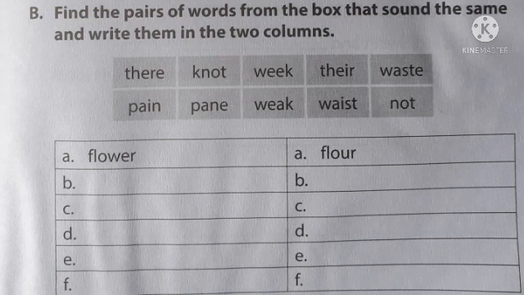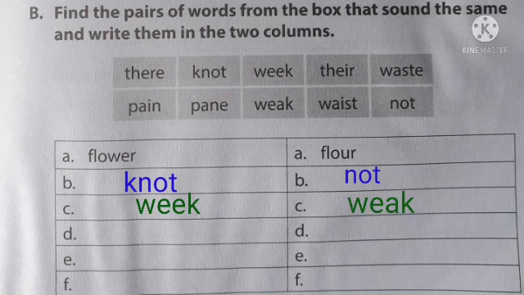A. flower and its homophone pair flour. And we can take the next one. Knot, which is a pair of the word not. Yes, not, knot. And third one, week, which is a pair of the word weak. Yes, W-E-A-K, weak.